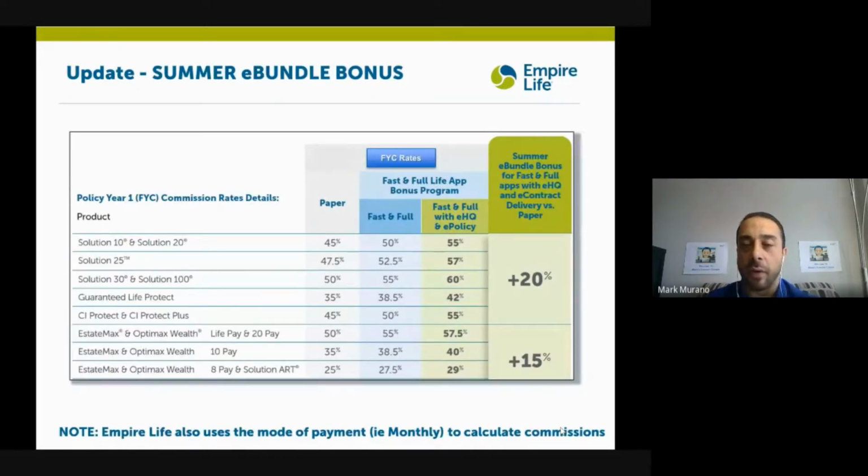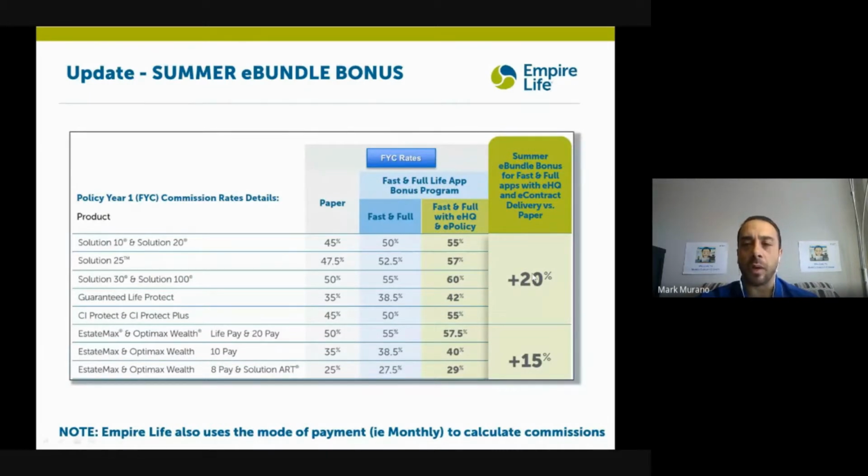And one that I can never go without mentioning is our summer e-bundle commission bonus incentives to the end of September. We have dramatically increased the compensation on fast and full and the e-bundle, which is your EHQ and e-policy delivery combination. So if you've removed the questions by DynaCare and you've done an electronic delivery, your compensation could be as high as 20% more gross comp.